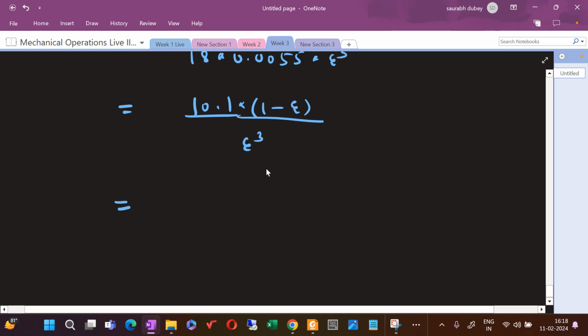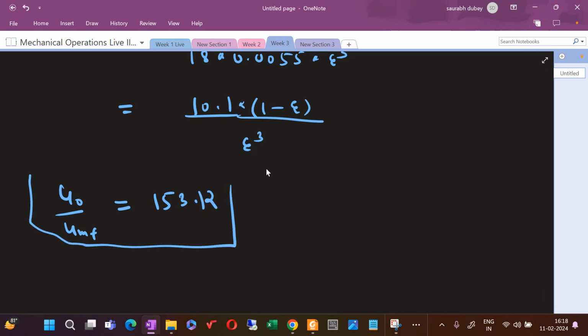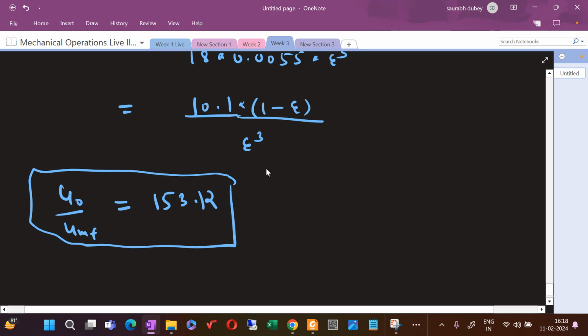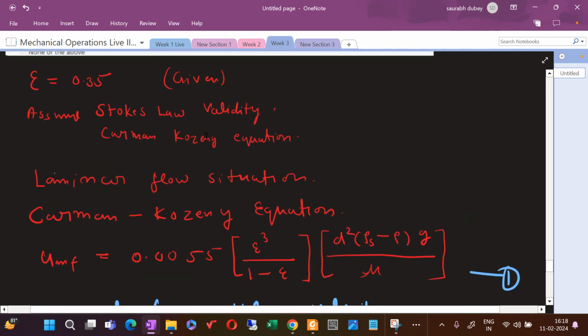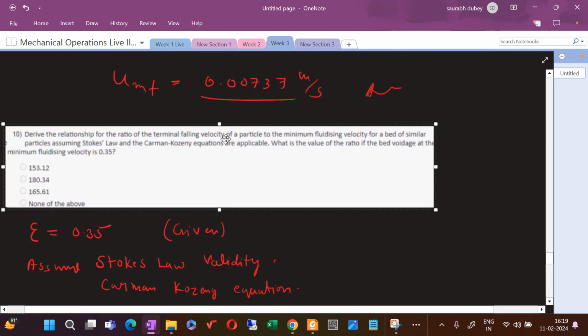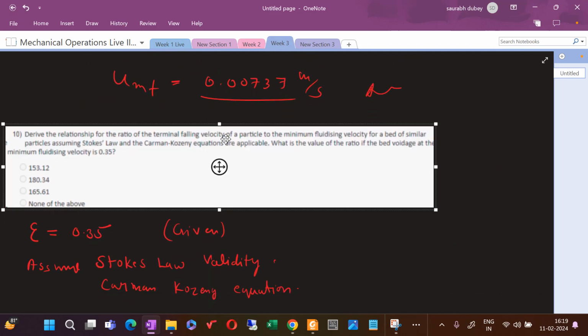And this will come out to be u_0 by u_mf equals 153.12. This is the ratio of terminal settling velocity to the minimum fluidization velocity, which is option 1 as given in the question. So option 1 is the correct answer for the given problem. That's all for this problem.